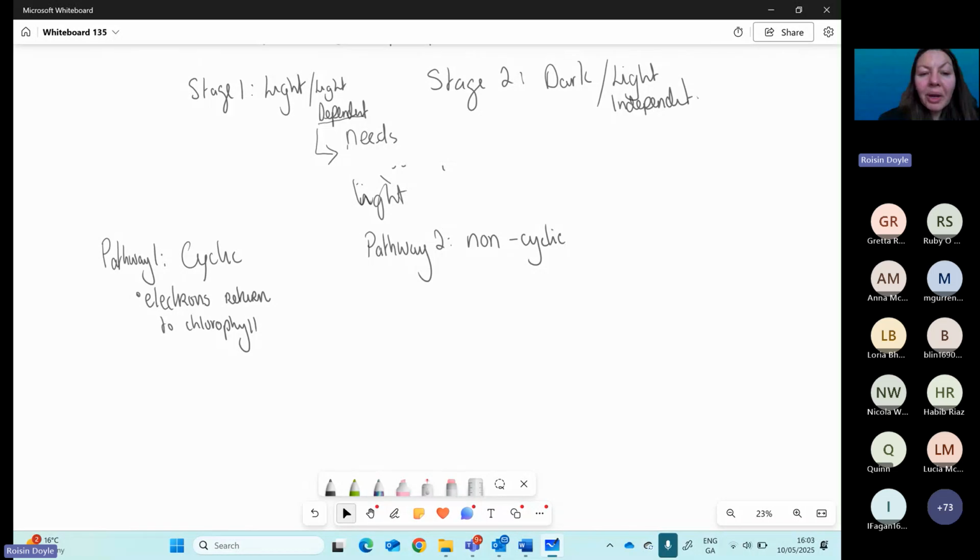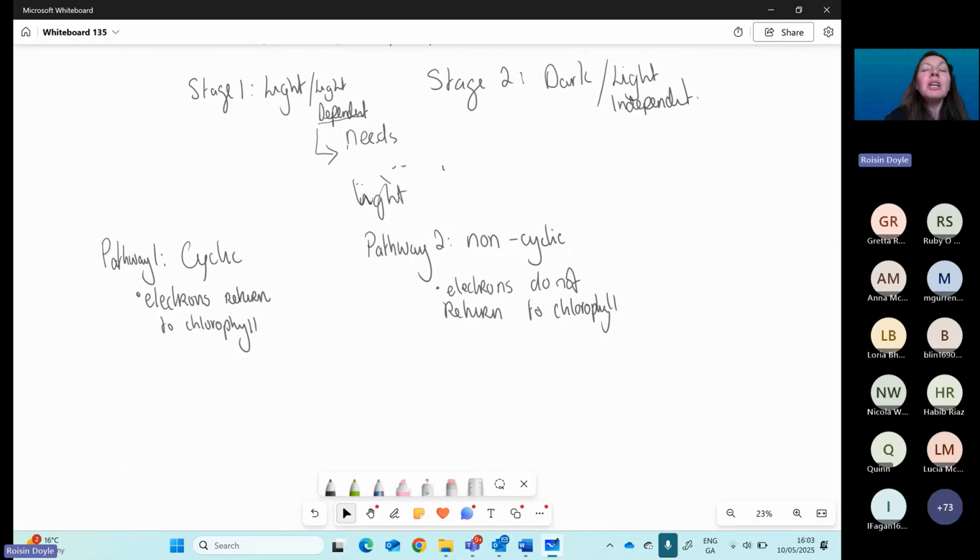And in pathway 2, the electrons do not return. So remember, there's so many different questions asked that any valid piece of information that you write is going to clock you up marks straight away.